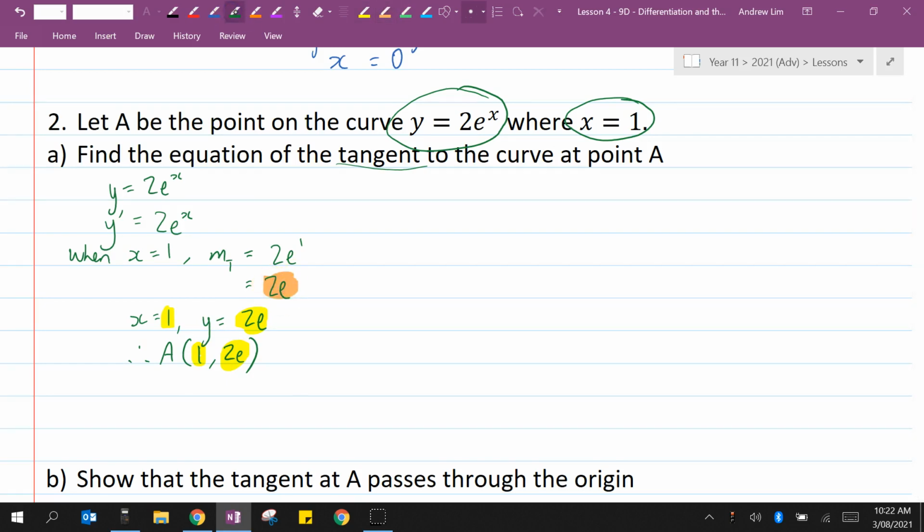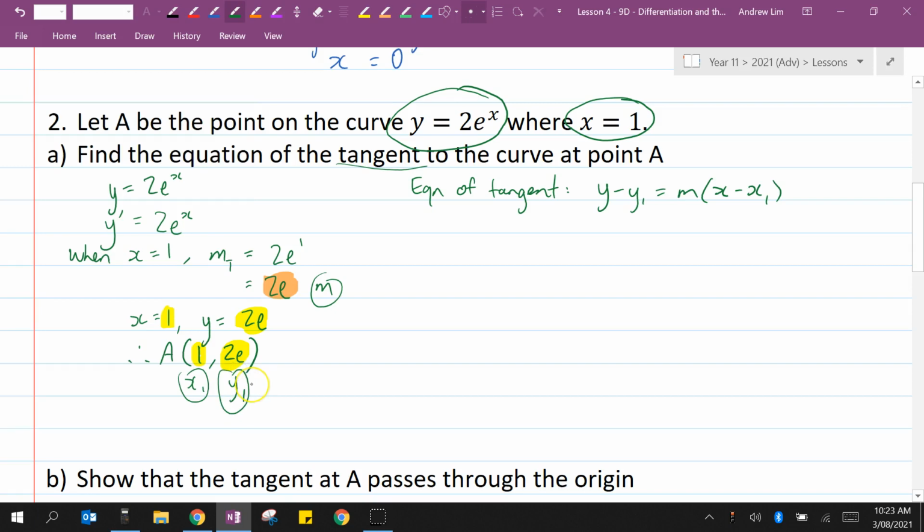So we want to work out the equation of the tangent. We can use the point gradient formula, which is y minus y1 is equal to m bracket x minus x1. We have our x1, y1 here, and we have our gradient here. And we can just substitute those values into this formula.